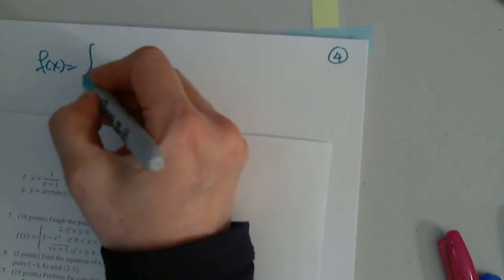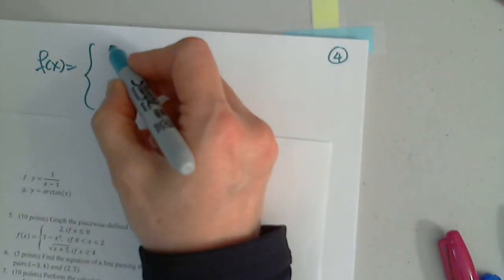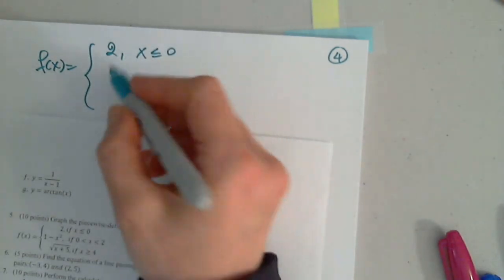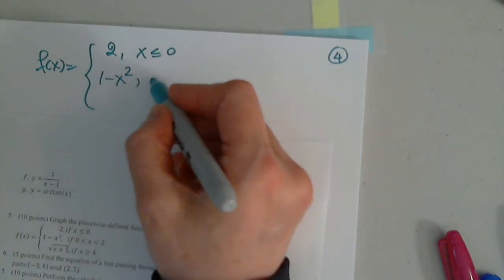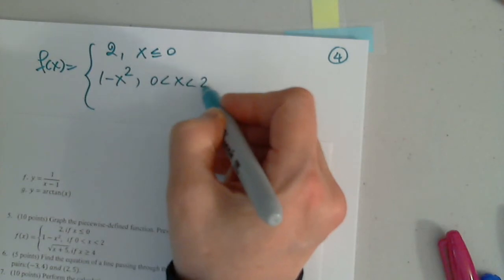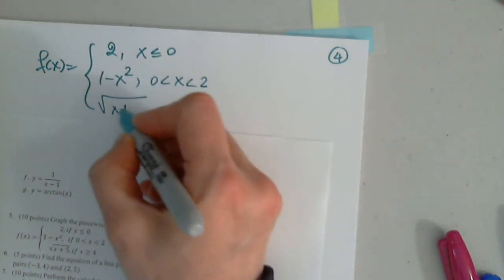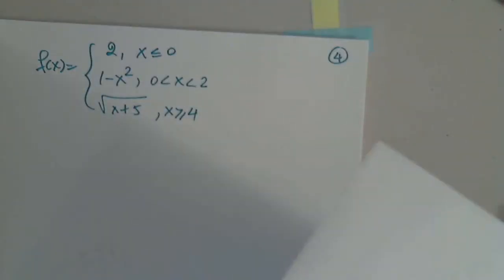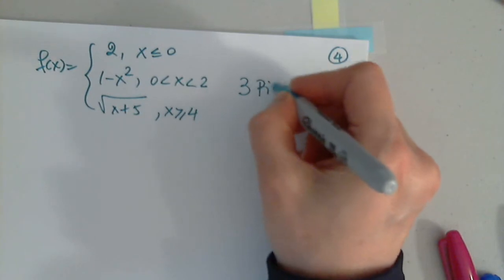Okay, here it is. So this is f of x, and it has three branches, three pieces: x less than or equal to 0, 1 minus x squared between 0 and 2, and the square root of x plus 5 for x greater than or equal to 4. So this is a piecewise defined function. It has three pieces.